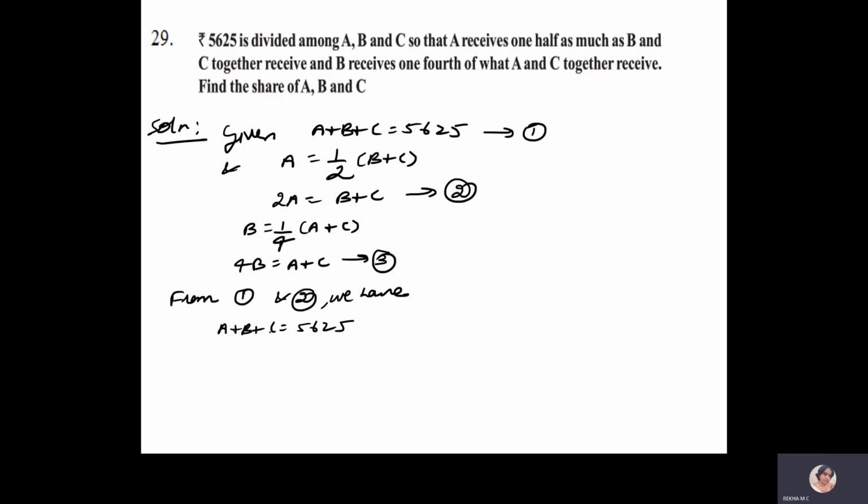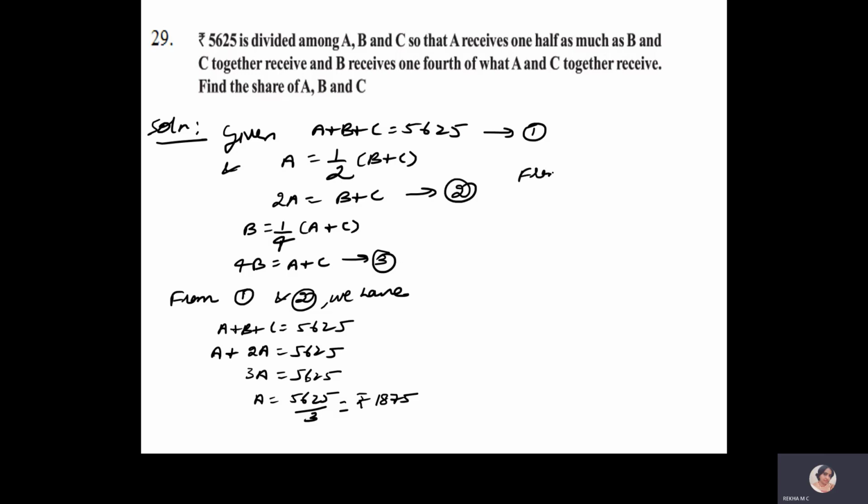B plus C is 2A, that is from 2. So A plus 2A is equal to 5625. 3A is equal to 5625. A is equal to 5625 divided by 3, that is equal to rupees 1875.